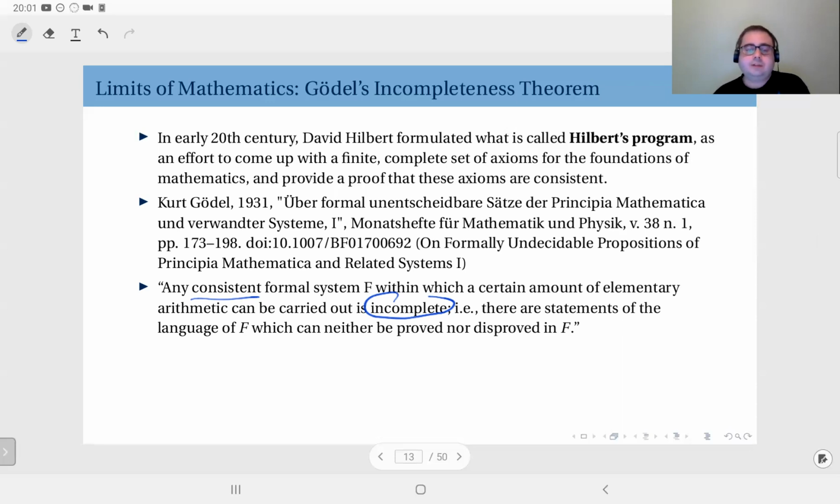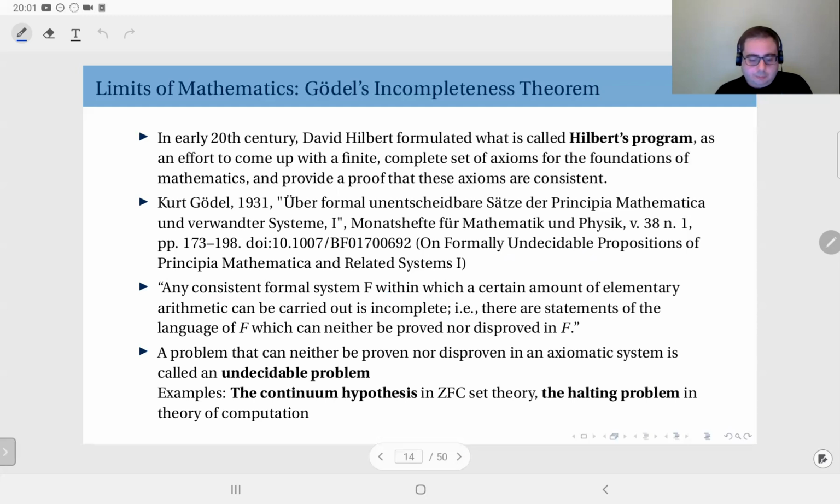Okay? It's not possible to come up with a set of finite axioms that is both consistent and also complete. If you want completeness, you will have to deal with contradictions. But if you look for consistency, then you will have undecidable statements.